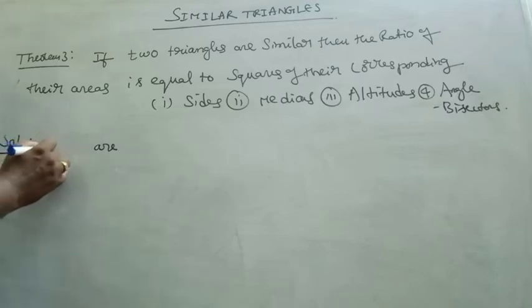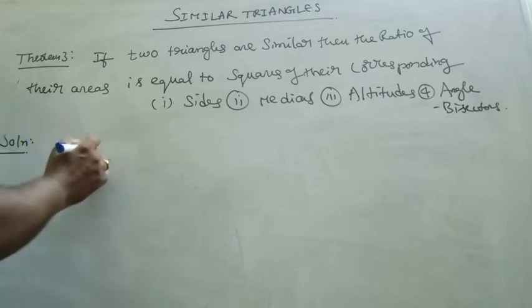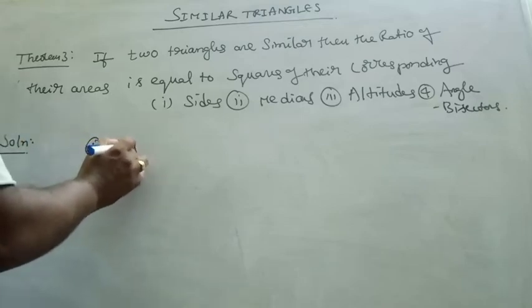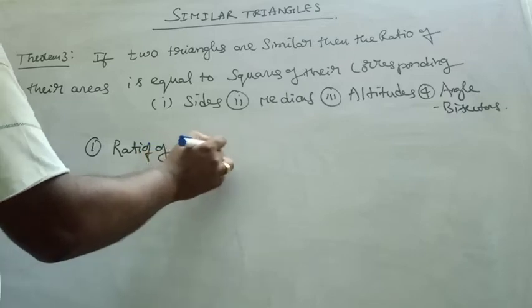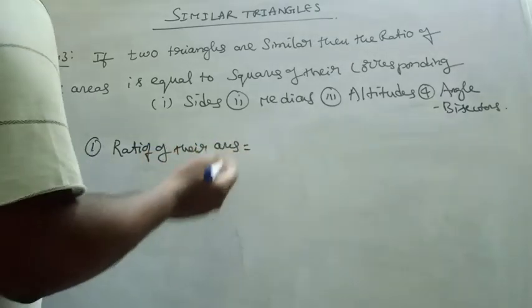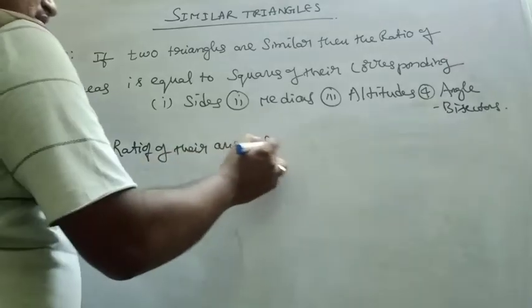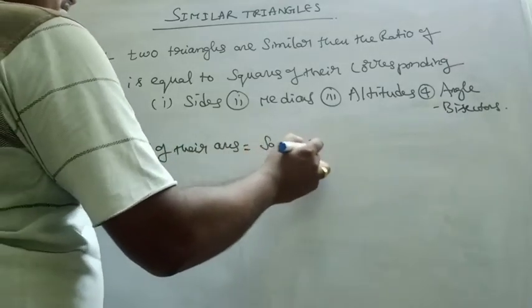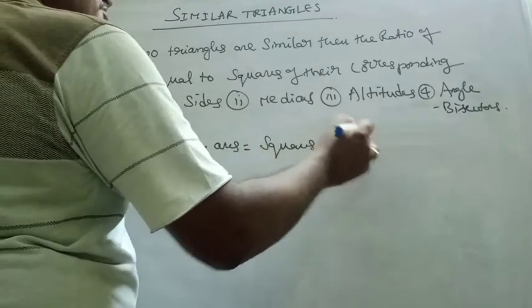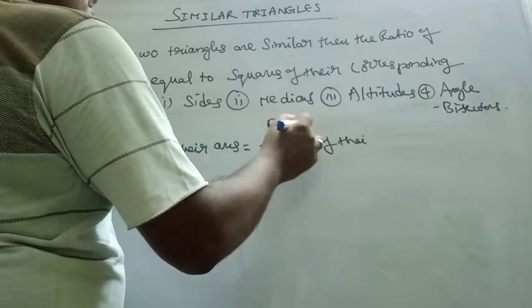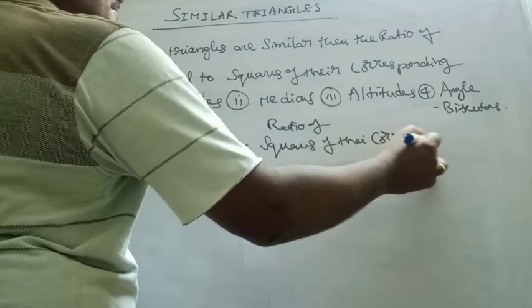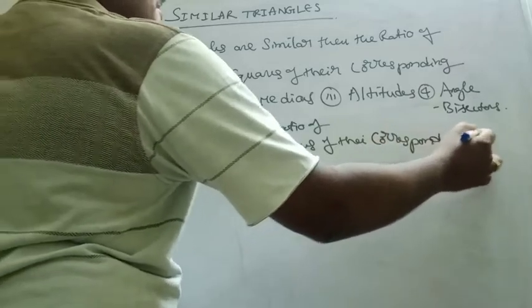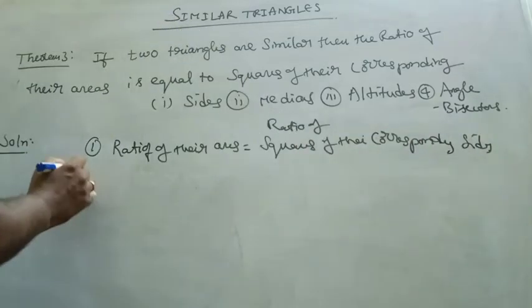The ratio of their areas is equal to the ratio of the squares of their corresponding sides. This is the first result we have studied.